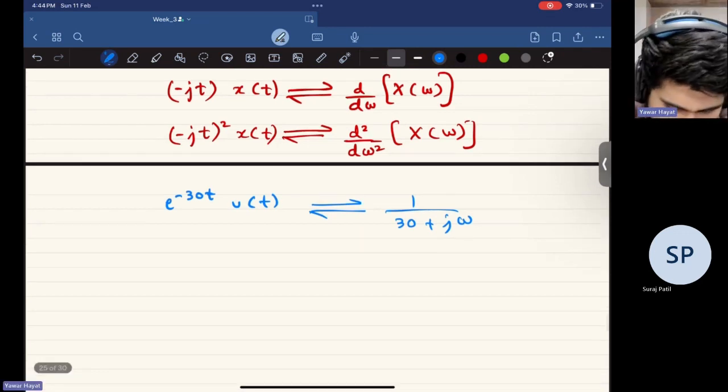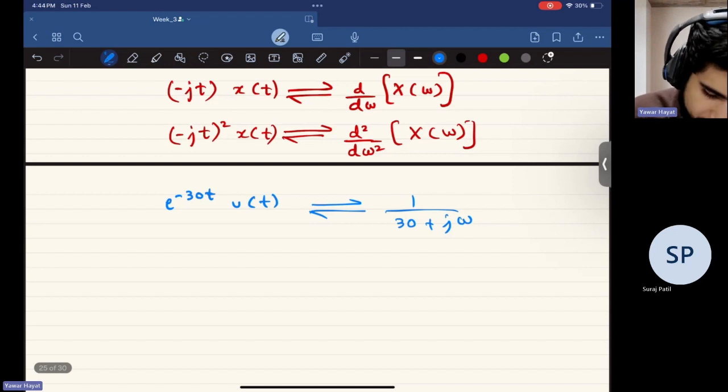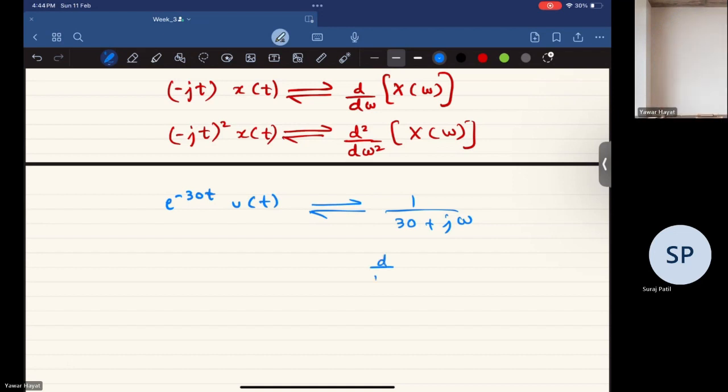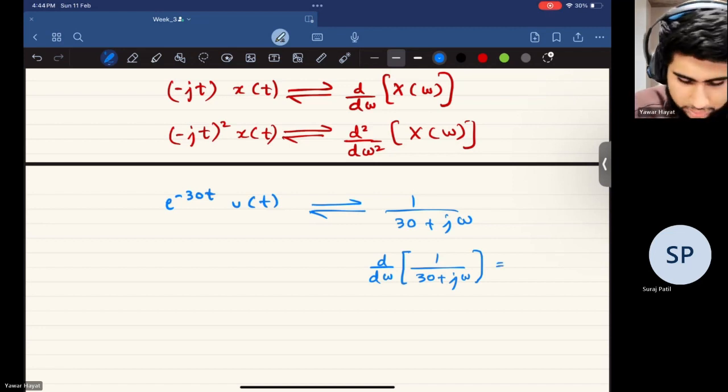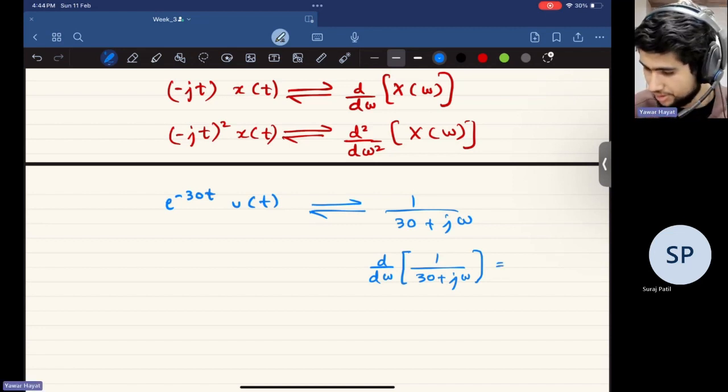So what is the differentiation of this 1 by 30 plus j omega? What is d by d omega of this?